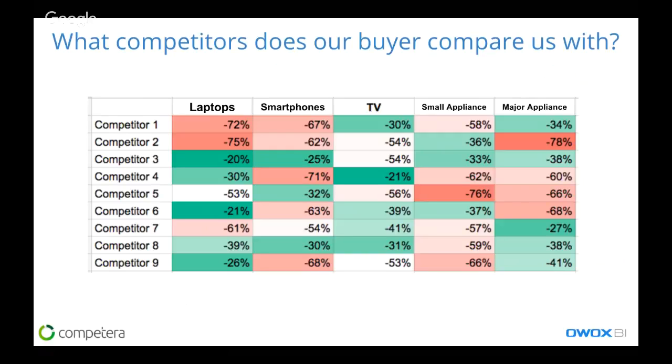For example, for laptops, you are competing with competitors number 1 and 2. For major appliances, the set of competitors is a little bit different. This is 4, 5, 6, and 2, and the level of competitiveness is different for each category. Yeah, probably Nick wants to add something on this slide.